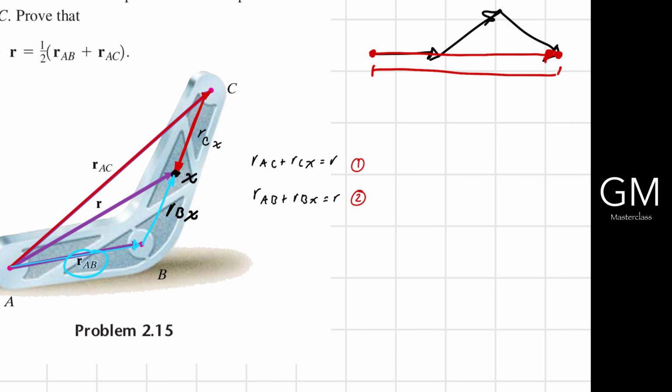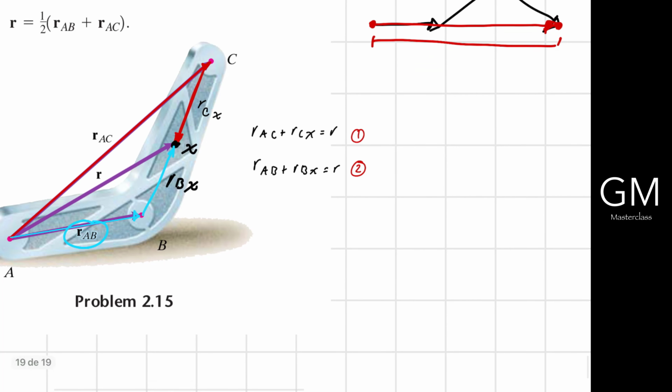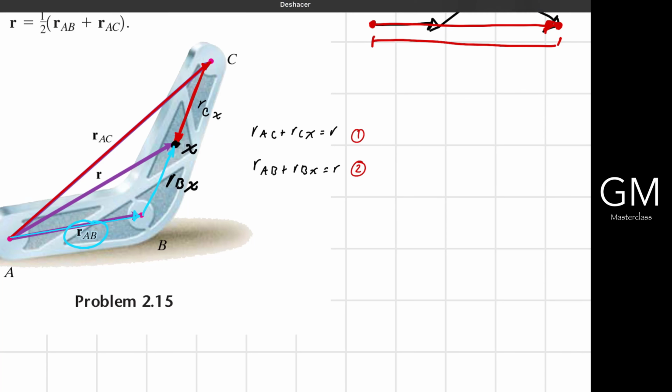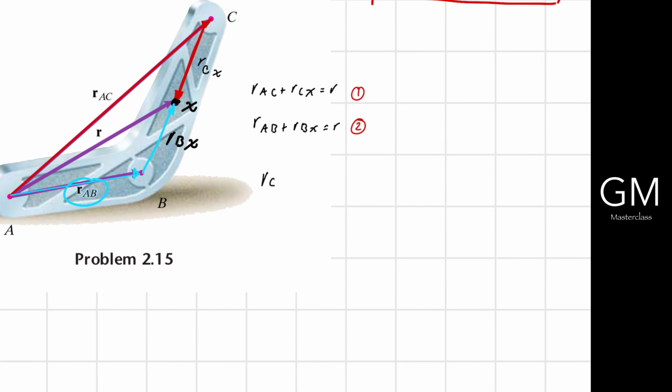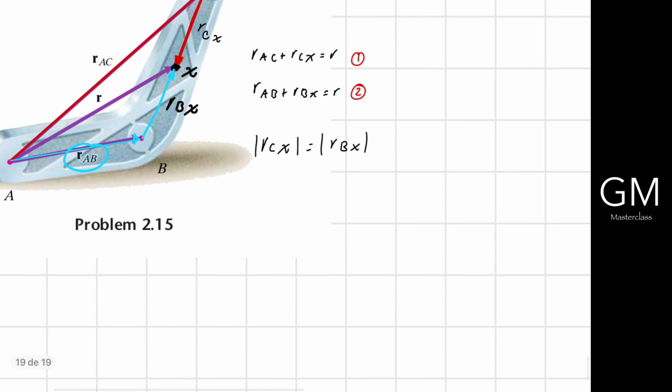So I'm going to assume, for example, that one of these two vectors is negative, right? For example, I don't really care about it. I'm just going to select one. For example, r_BX. Right? So r_CX, the magnitude, is going to be equal to r_BX. Right? But just talking about the magnitudes. Hence, the direction is different.